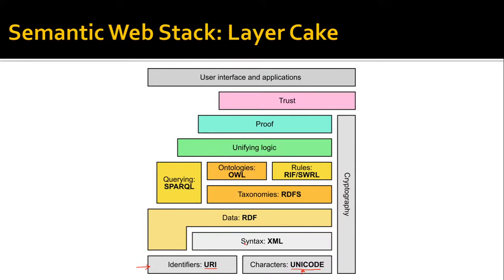Now, to realize serialization or data exchange between different agents, we need a language through which we can represent data and transport it from one place to another, from one agent to another agent. This is basically taking care of the serialization aspect, right?